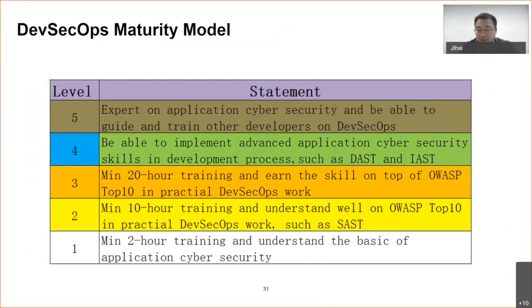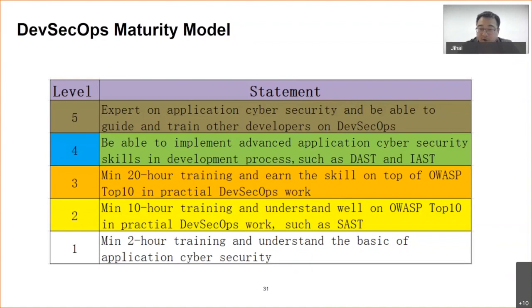Like I mentioned before, we try to produce cybersecurity experts in the teams, and then we use this model to do an assessment to see the level of the cybersecurity team or even the whole team.